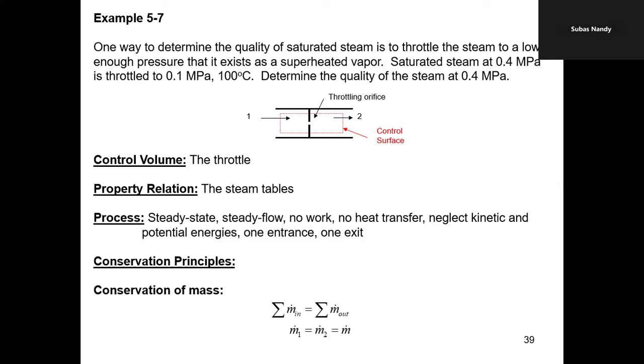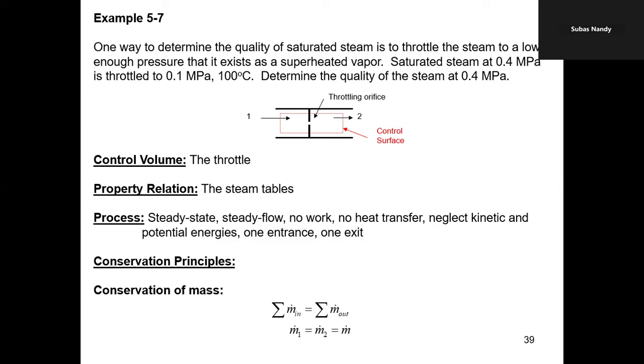Saturated steam at 0.4 megapascal is throttled to 0.1 megapascal, 100 degrees Celsius. Determine the quality of the steam at 0.4 megapascal. So the control volume is the throttle, property relation is the steam tables. The process is steady state, steady flow, no work, no heat exchange, neglect kinetic and potential energy, one entrance, one exit.